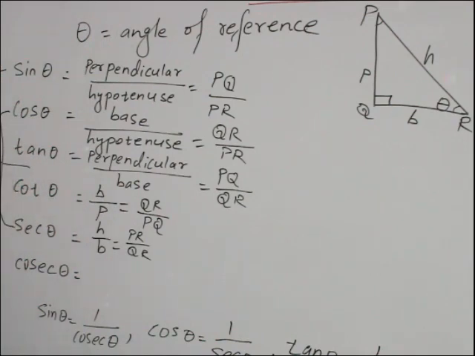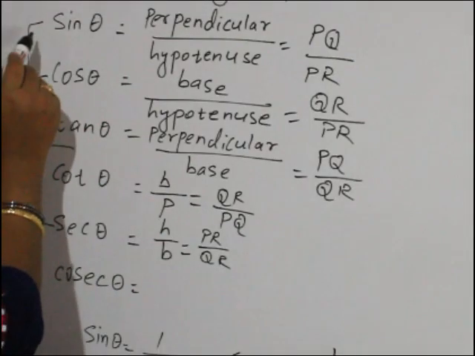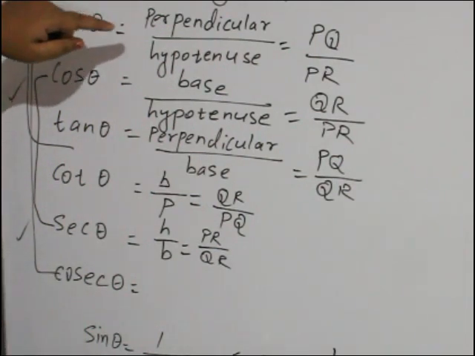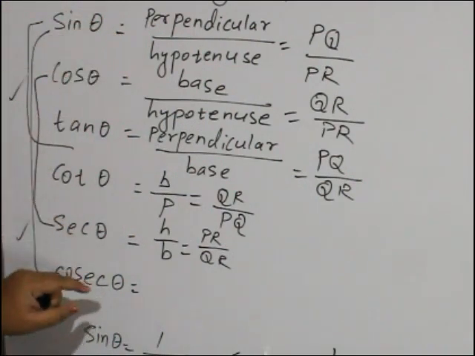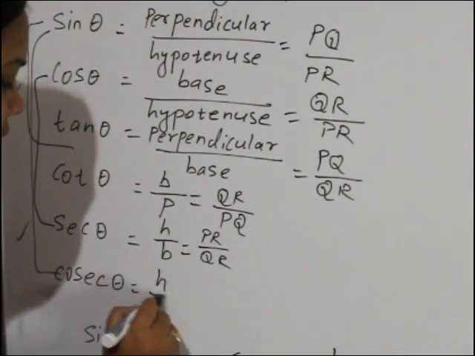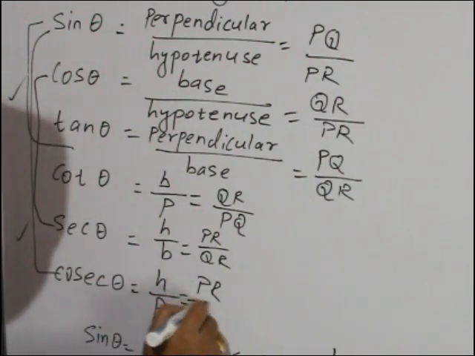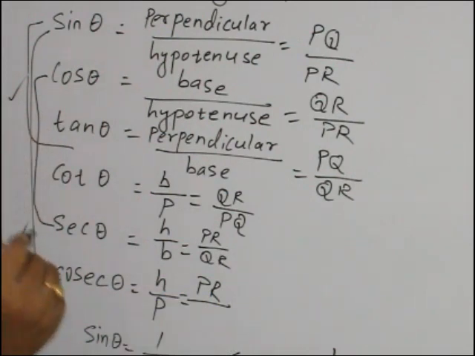Next is cosec theta. Cosec theta and sin theta are reciprocal of each other. Sin theta is P by H, cosec theta is H by P. What is H? PR. What is P? PQ.